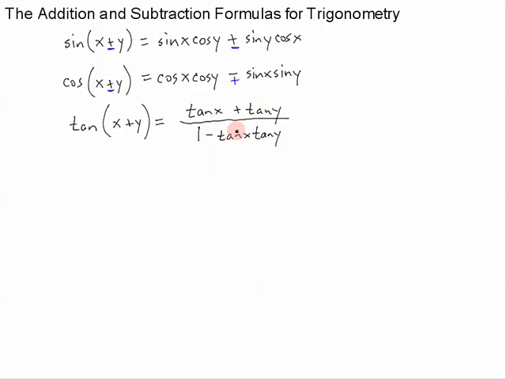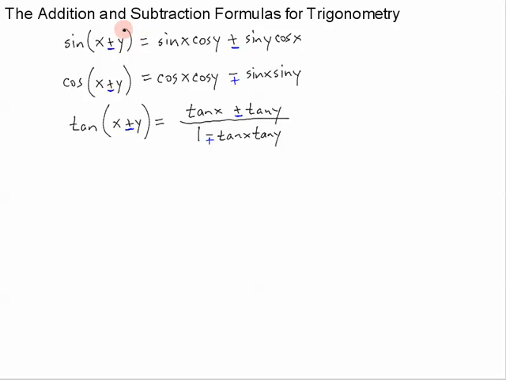So you've got two terms on the top and the bottom. The top sign is the same, the bottom sign is different. So if this were a minus over here, then this would be a minus right here, and this would be a plus. So the top sign is the same as the sign inside, and the bottom sign is different. Okay, so those are the addition and subtraction formulas for trigonometry.